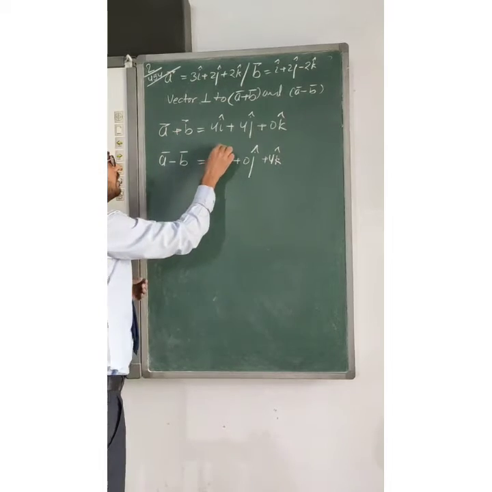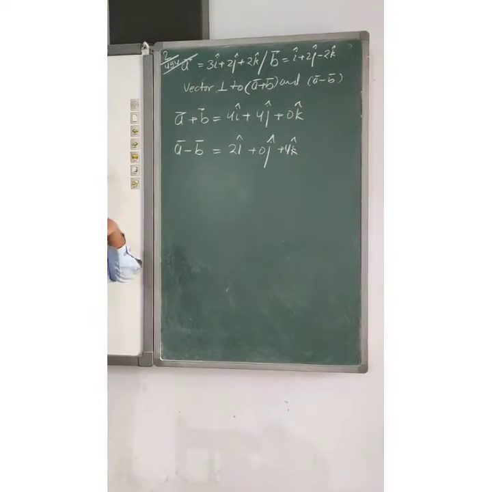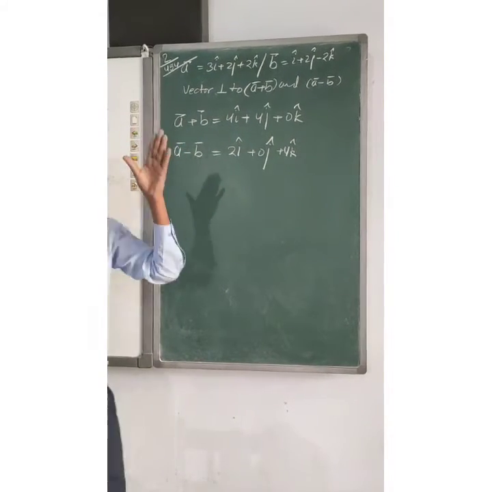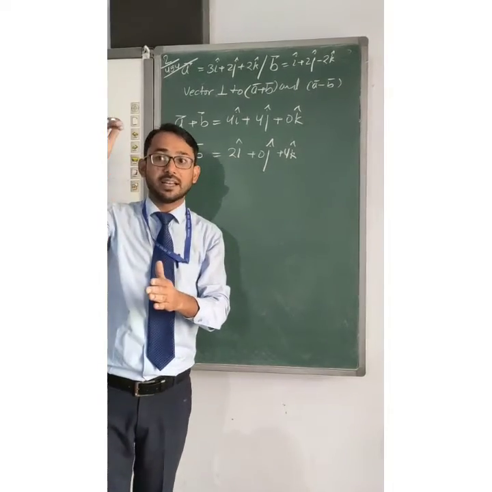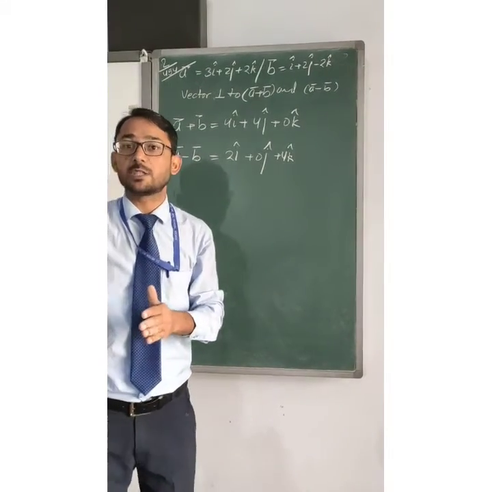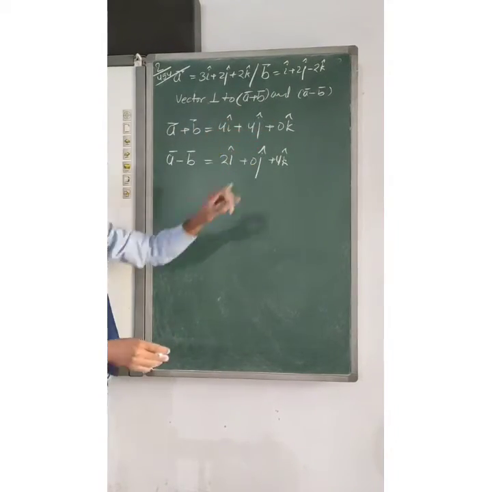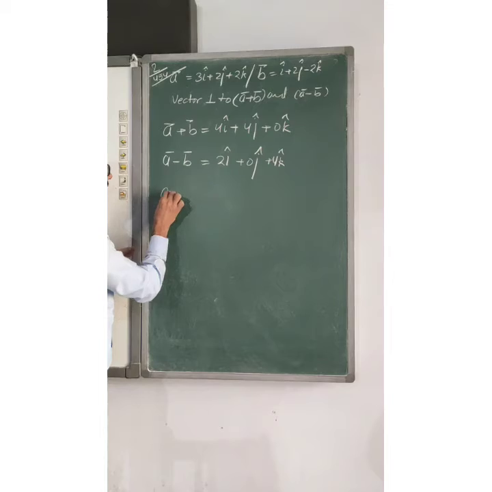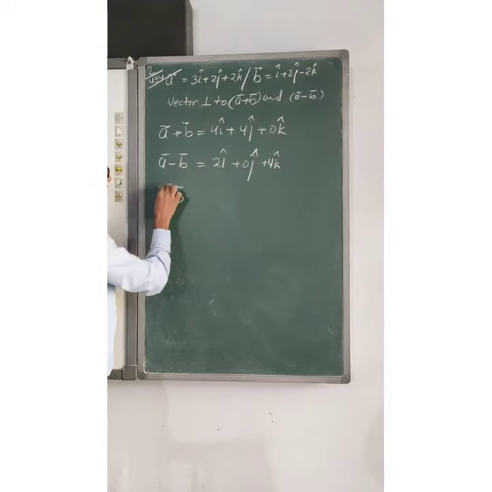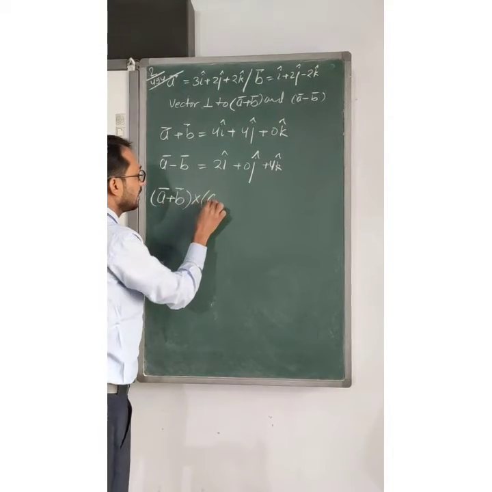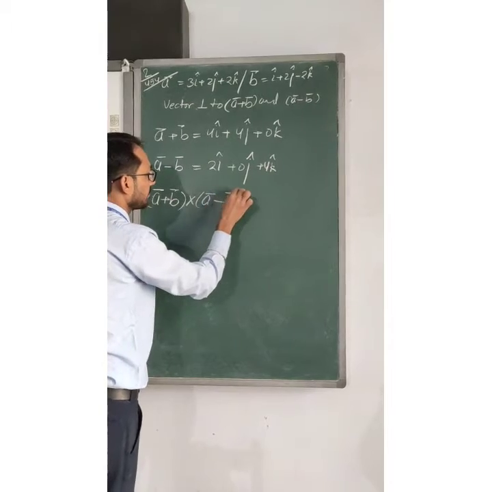We are going to calculate A plus B cross A minus B, because the cross product gives us a vector that is perpendicular to both, A plus B and A minus B.